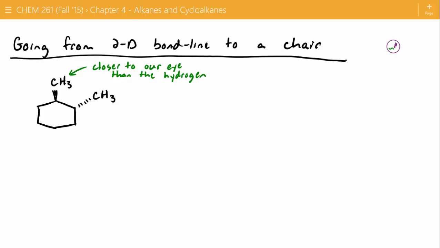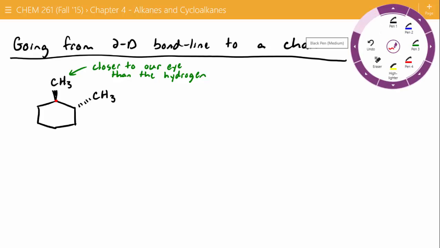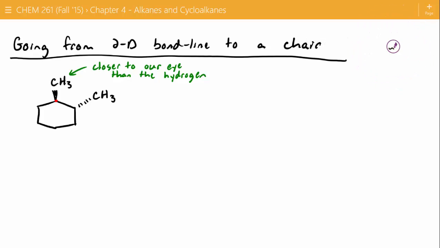It's important to remember on this carbon, on the ring, this carbon shown in red, that there's another assumed hydrogen there, right? And that hydrogen, in order for this to be tetrahedral, must be pointed backwards. So we can even say, all right, we've got that little hidden hydrogen pointed back. So if we're doing the top-down view, the methyl group is closer to our eye than the hydrogen.